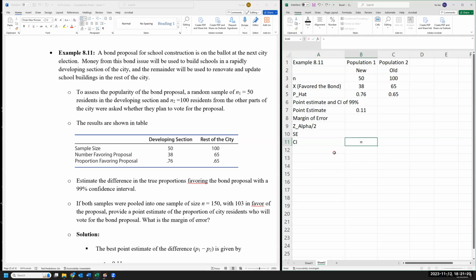That is equal to 99%. That means alpha is equal to 1 minus confidence interval. Let's do this as percentages. And then alpha divided by 2, that's just alpha divided by 2.